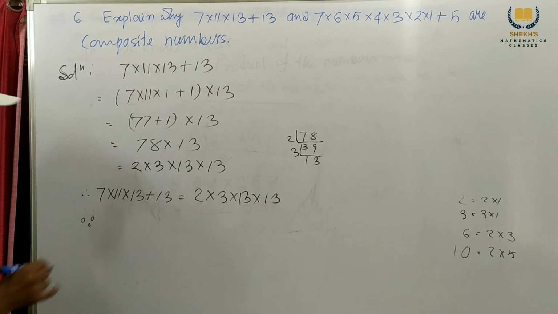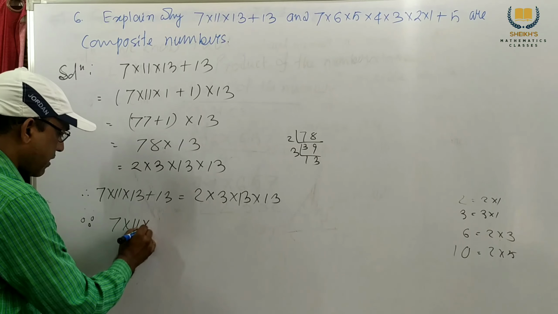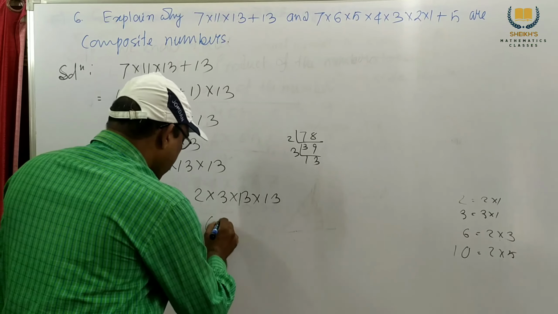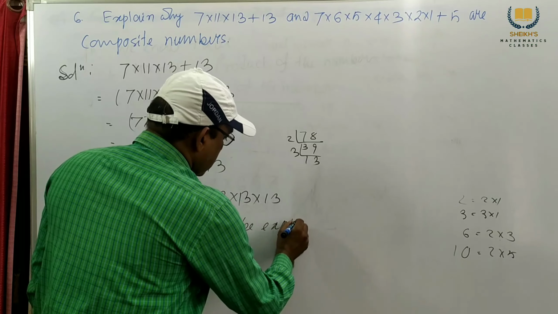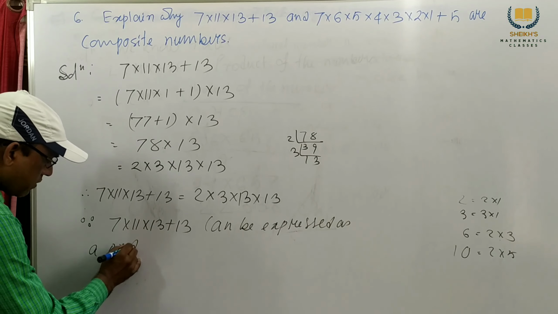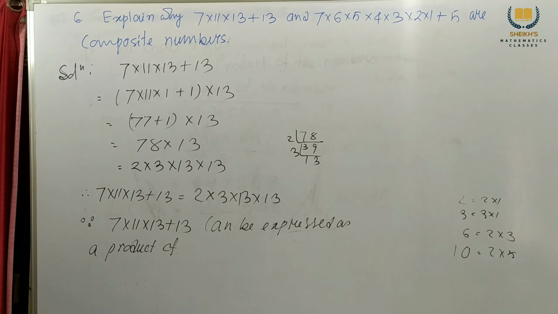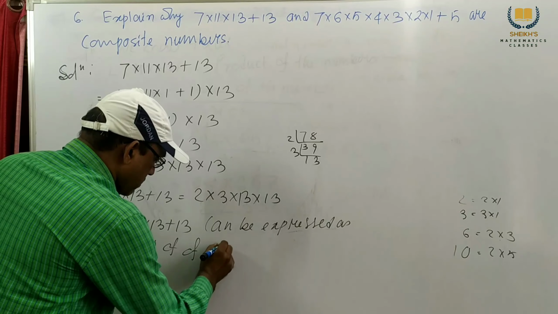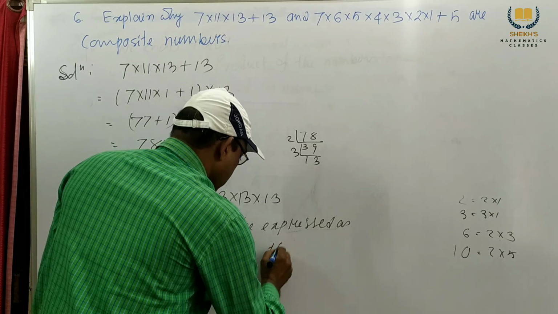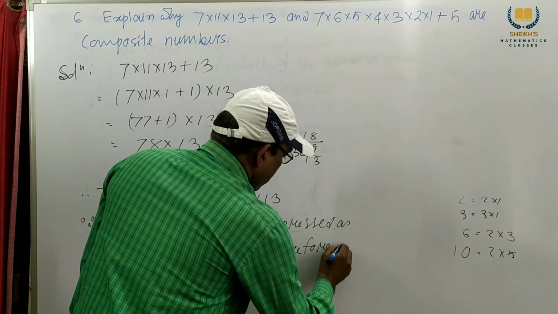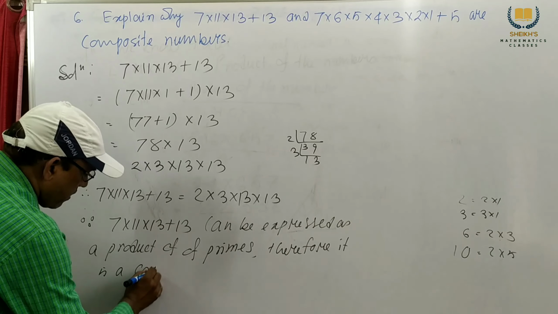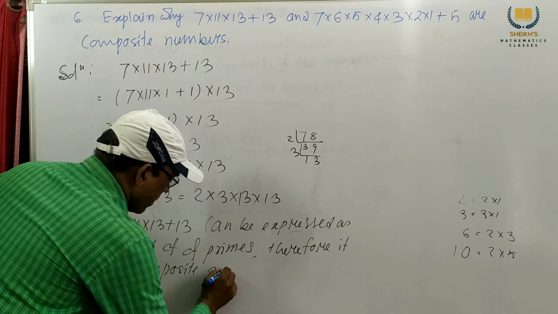Since 7 into 11 into 13 plus 13 can be expressed as a product of primes, therefore it is a composite number.